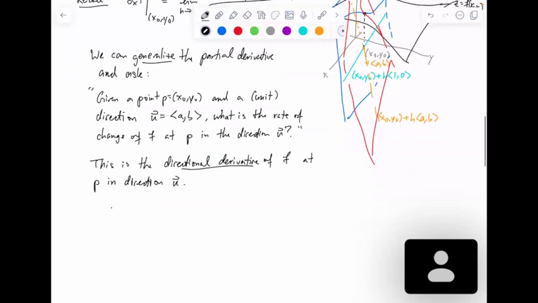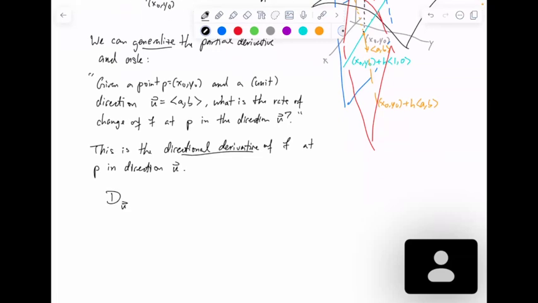And the notation is you have capital D, your vector u at the bottom, and f at x naught, y naught. And this is given to you by the limit as h goes to 0 of f at x naught plus h a. Remember, u has components a and b, and u is a unit vector. Then you have f at x naught plus ha, y naught plus hb.